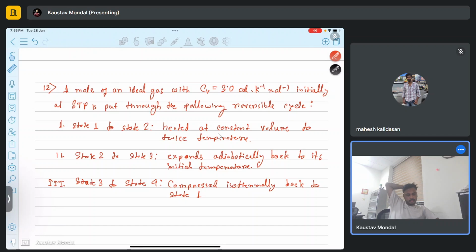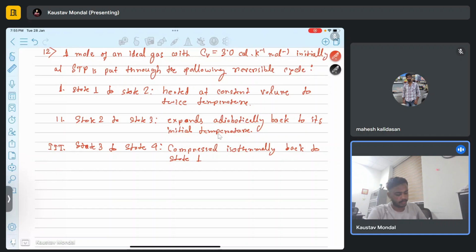Now during this whole process, you have to calculate the delta U in calories for the cycle.